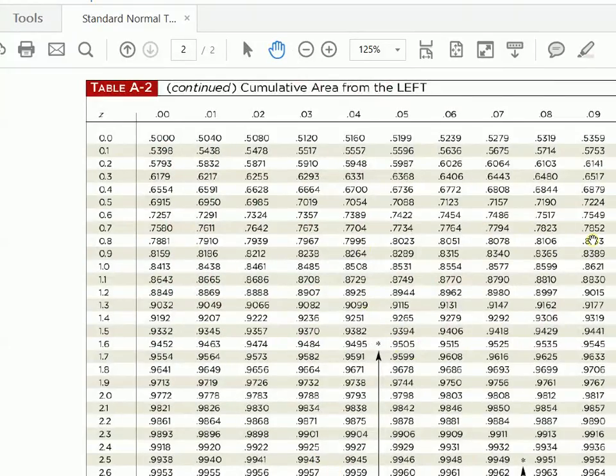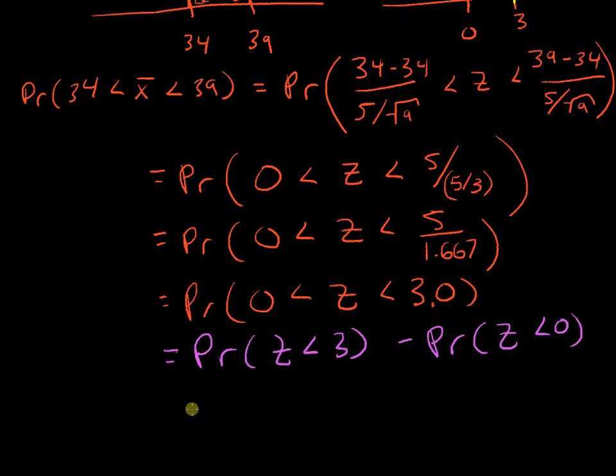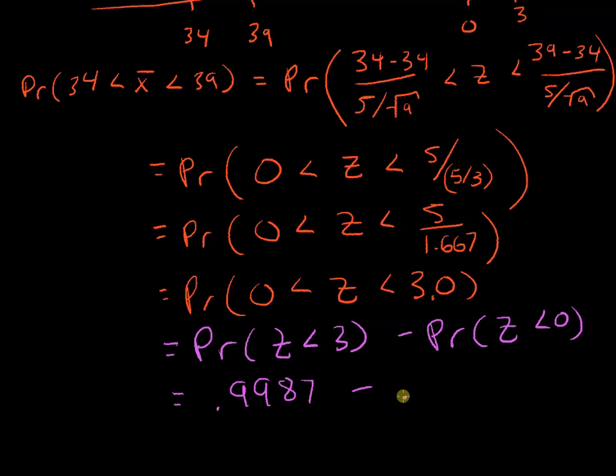On our table, here's 3.0, 0.9987. We don't need to look up 0. We know that half of the distribution is behind 0, because this is a symmetric distribution centered on 0. If you did look it up in the table, you could see it's 0.5.